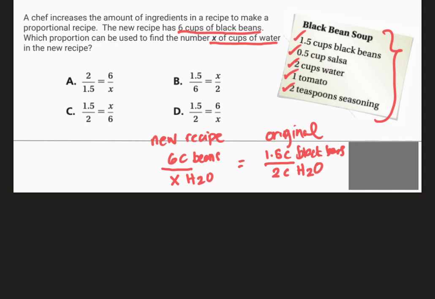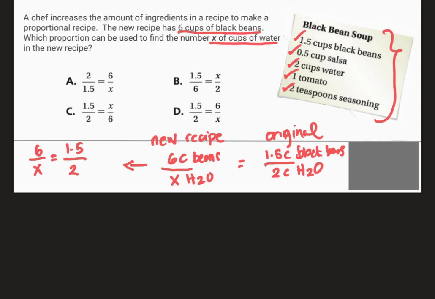I'm going to rewrite this again: 6 over X is equal to 1.5 over 2. All right, so letter A, we have 2 over 1.5, and then 6 over X.